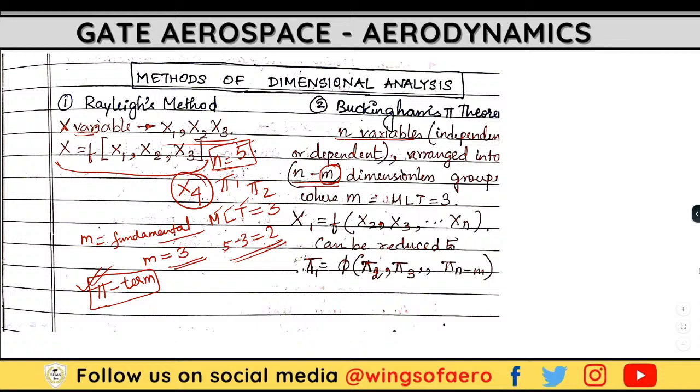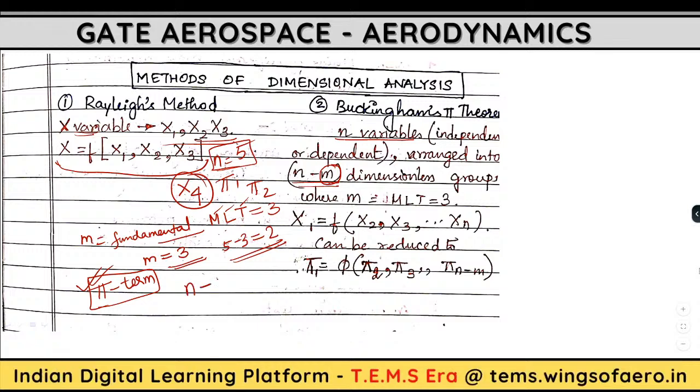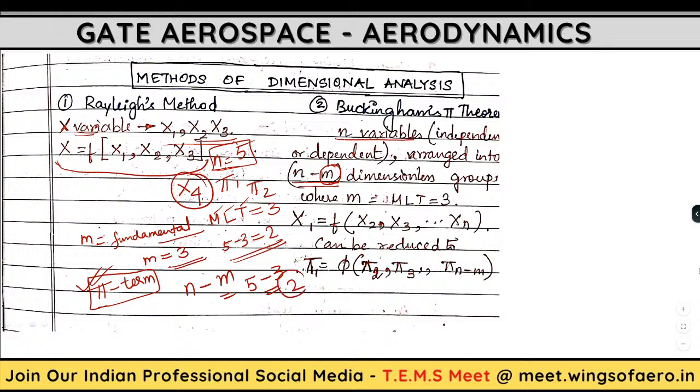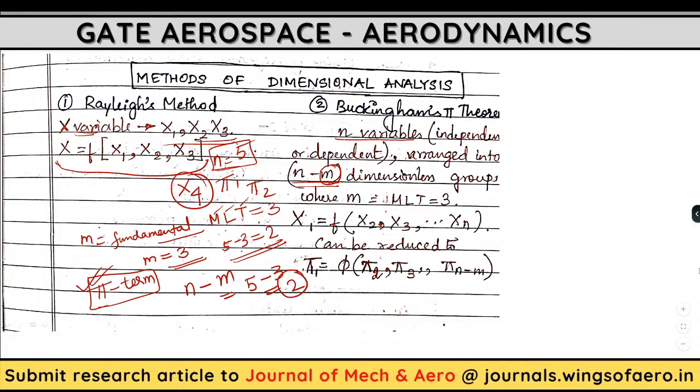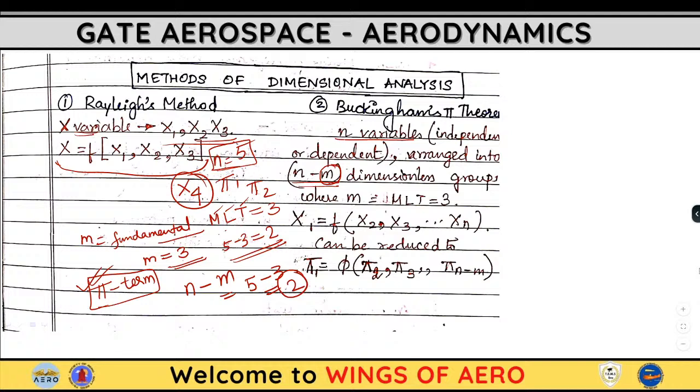Then the number of pi terms will be 2. How? Because n minus m, that is n is 5, m is 3, is 2. That is, we will have 2 dimensionless pi terms, that is pi 1 and pi 2. Okay, so they will give you questions and they will ask what questions you can expect.